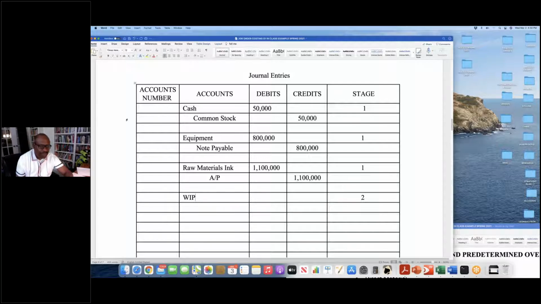So we're going to debit work in process and credit raw materials Inc. And what's the amount going to be? One second, let me check the primer. 100,000.